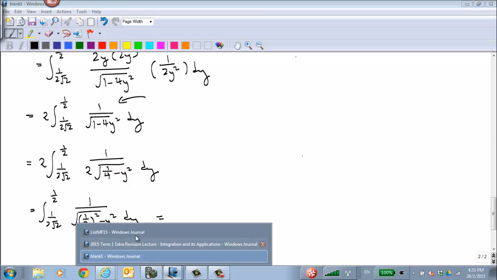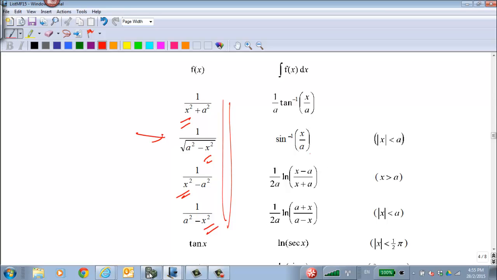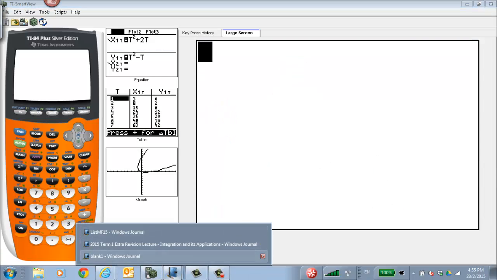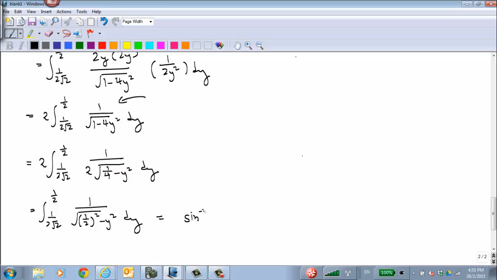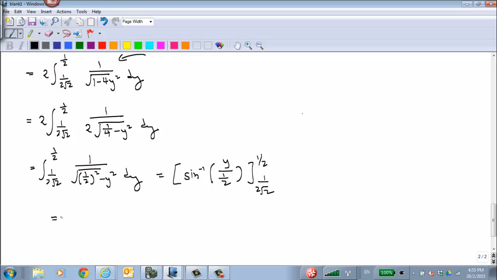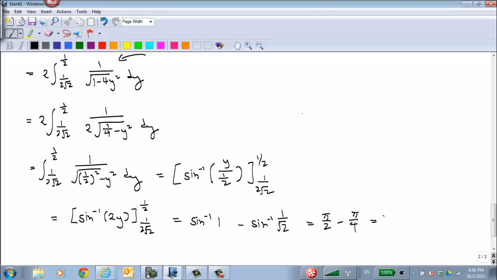And this will mean that the integration will be a sine inverse. Giving you pi over 2 minus pi over 4, which is answer pi over 4, which is the answer given at the back.